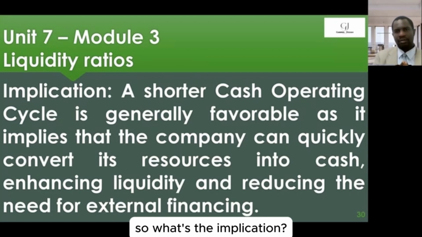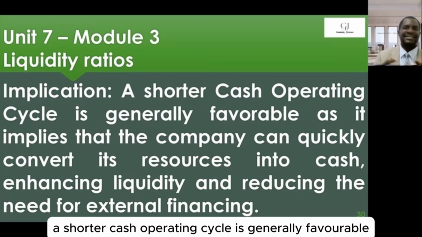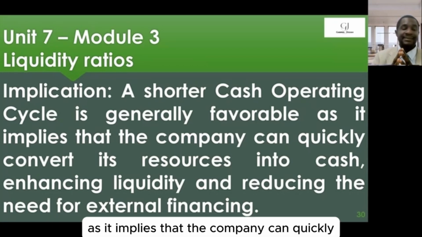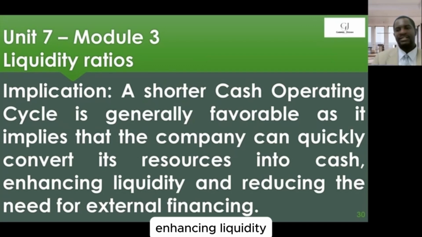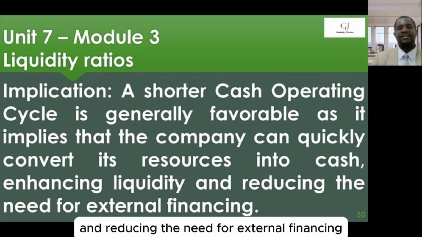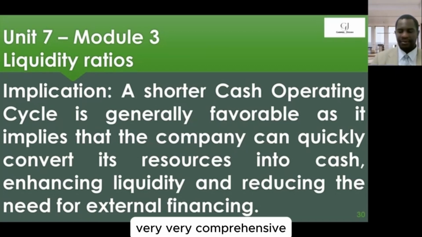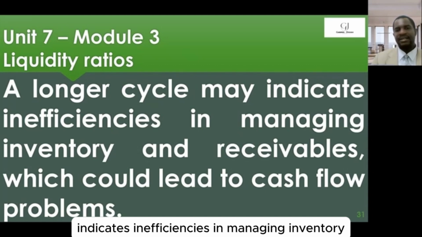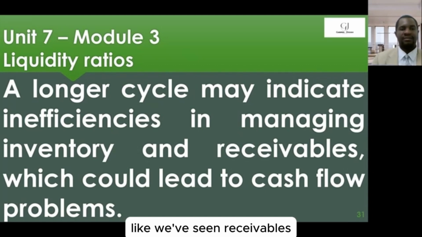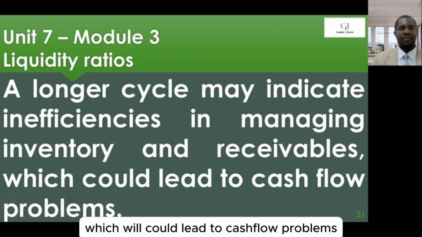So what's the implication? A shorter cash operating cycle is generally favorable as it implies that the company can quickly convert its resources into cash, enhancing liquidity and reducing the need for external finance. Very, very comprehensive. While a longer one indicates inefficiencies in managing inventory, like we've seen, receivables, which could lead to cash flow problems.